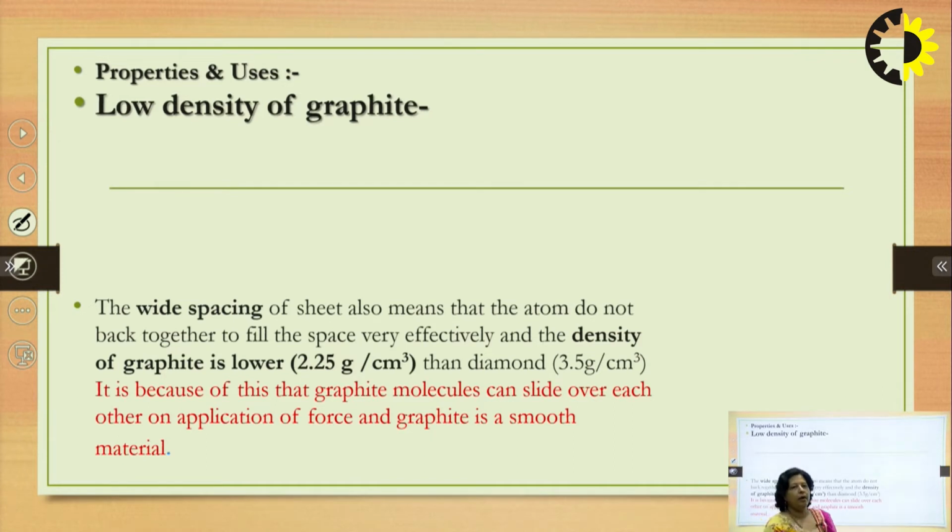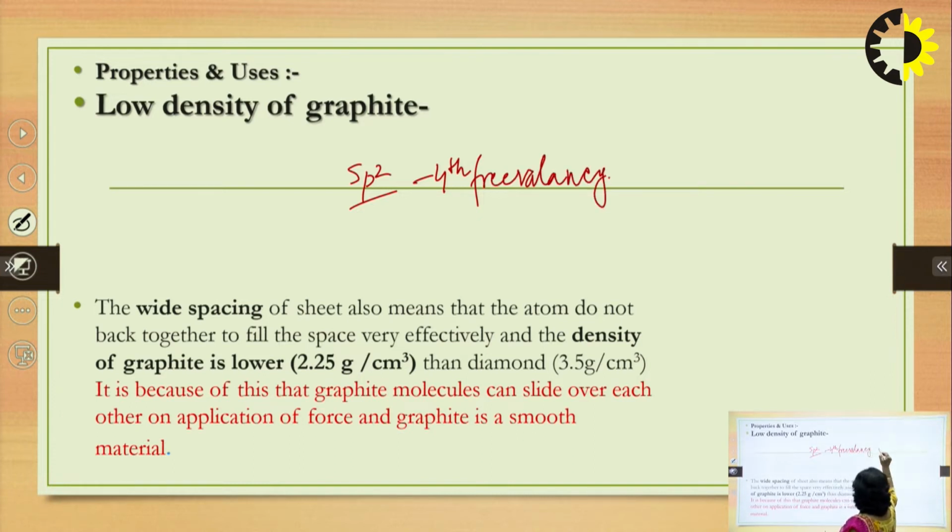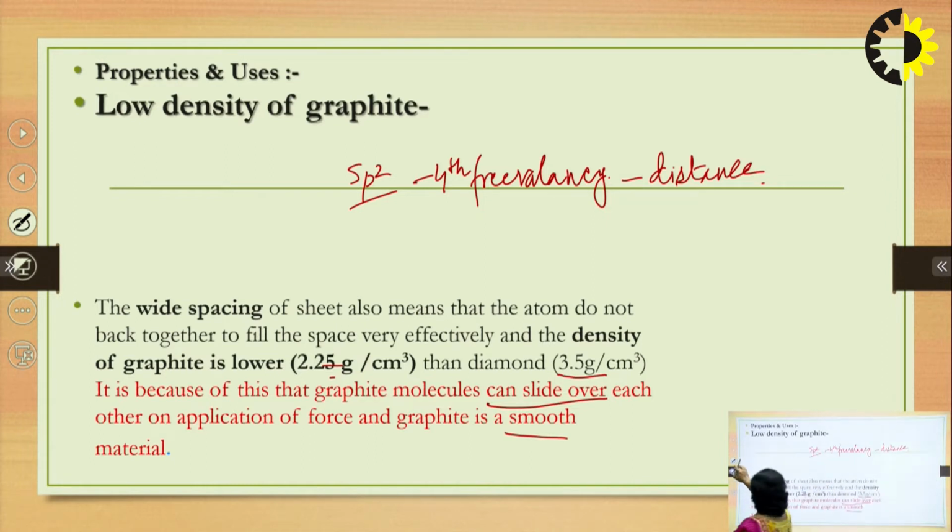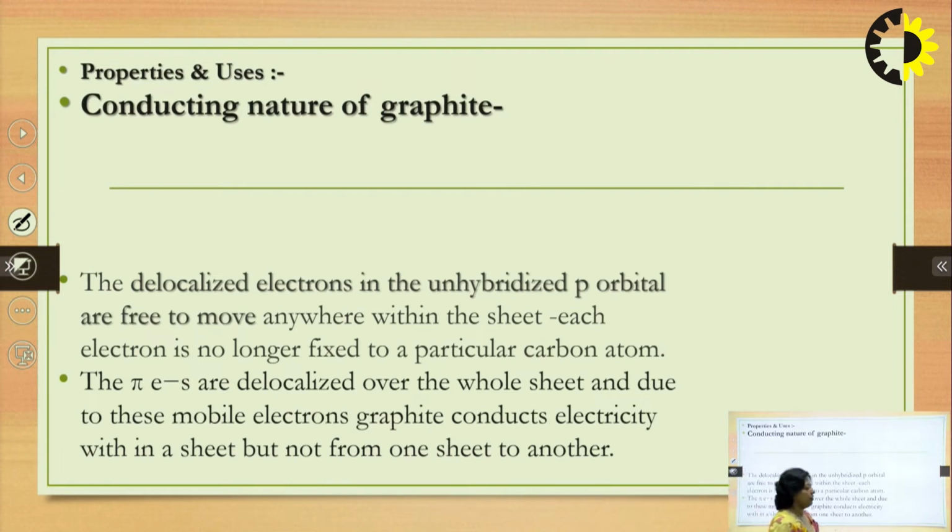But when we are talking about the specific questions on graphite for the 2 marks, then we have to write, starting from the sp2 hybridization, the fourth free valency, the interlayer distance between them, and thus the density of graphite is lower, and the layers can slide over one another, which makes graphite a smooth material, and the density of graphite is much lower than the diamond.